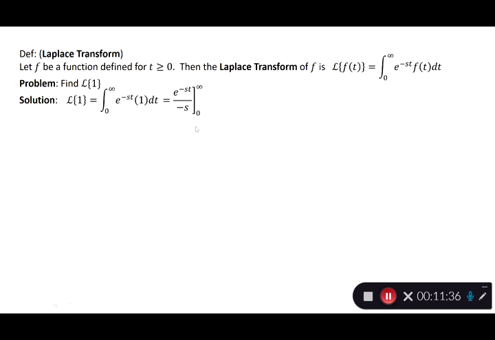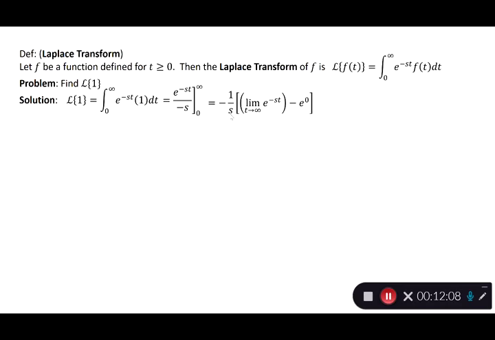Now a mathematician is happy. Cool? And for the lower limit, you can say plug in 0. So I'll be careful and say negative 1 over s, limit as t approaches infinity of e to the negative st, minus e to the 0. Notice, because we are plugging in for t, that negative 1 over s is a constant multiple which can be yanked outside.